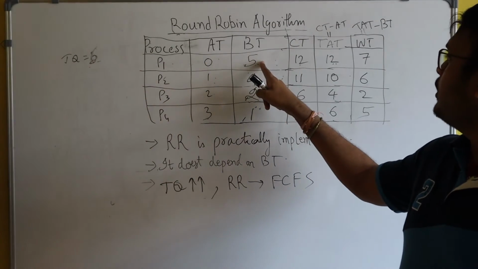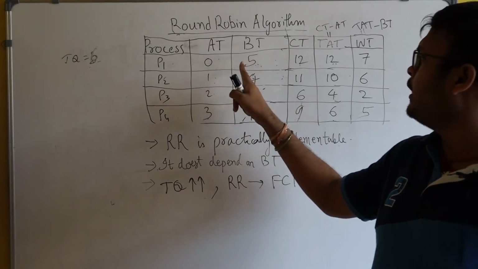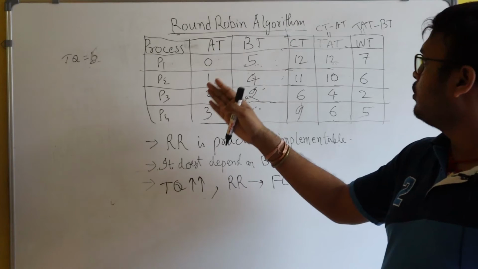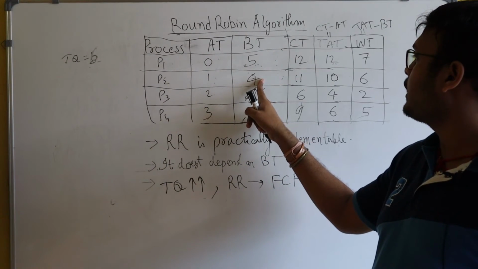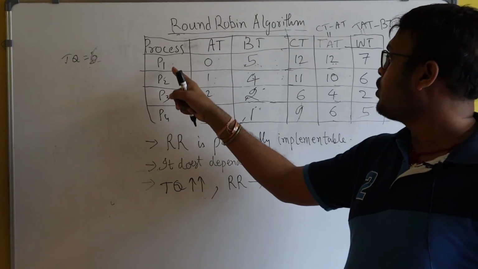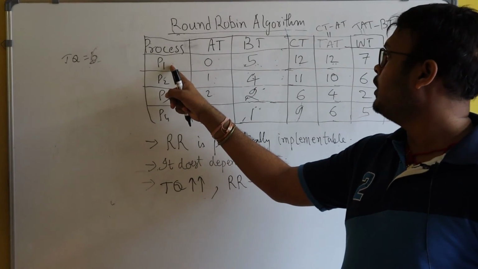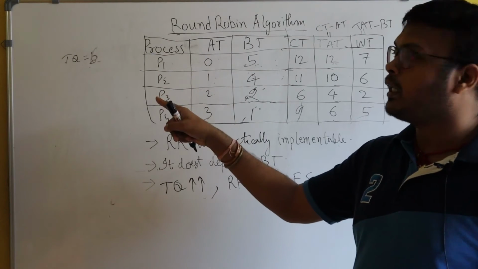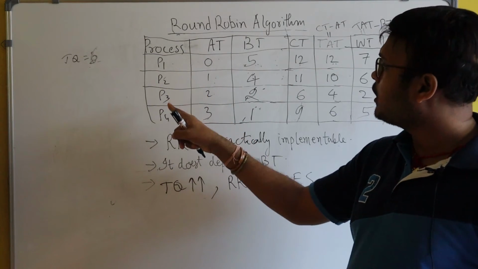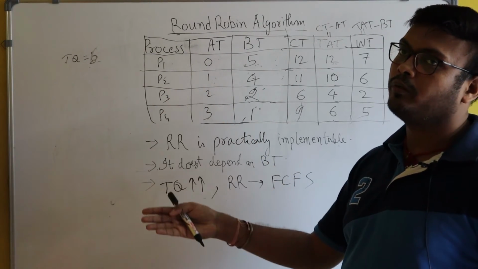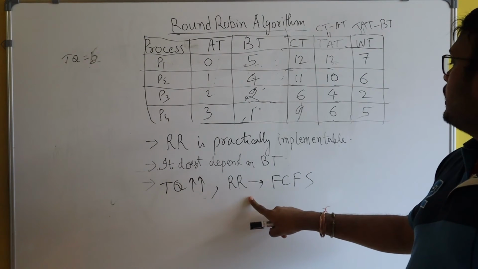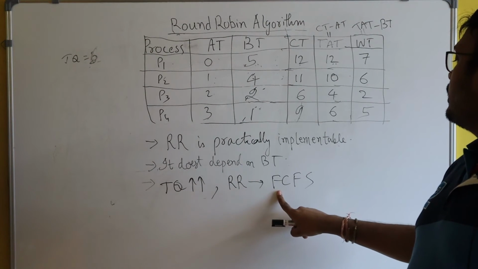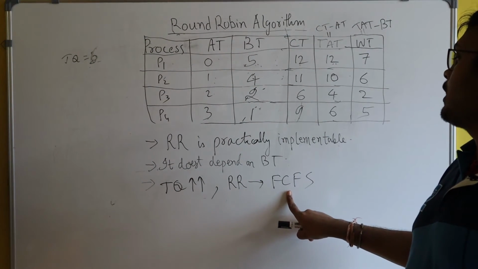So process 1 will complete its 5 seconds. It doesn't need to run for 6 seconds. After that, when process P2 comes, it will run for 4 seconds. It means once a process takes the CPU, it will fully complete. After that, the CPU will be given to the next process. So if the time quantum is very high, then the RR algorithm will be converted into the FCFS algorithm.